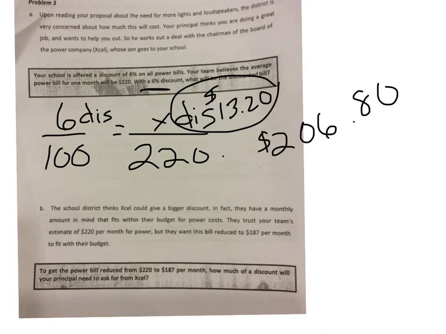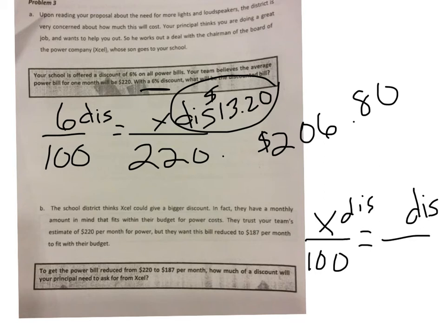So again, I don't know the percent, so that's going to be X over 100. And they want to know the percent discount. So over here is to be the discounted amount. And again, the bottom number is your original. So your original amount of your bill was $220. That was your base price.